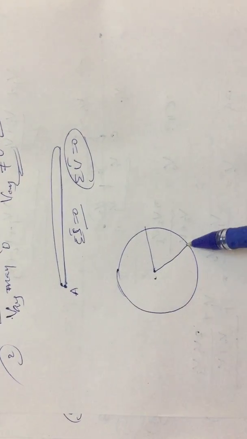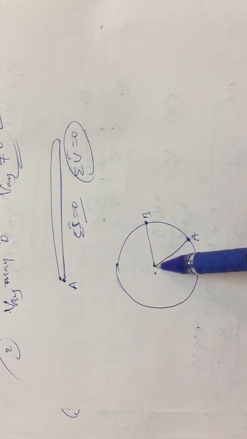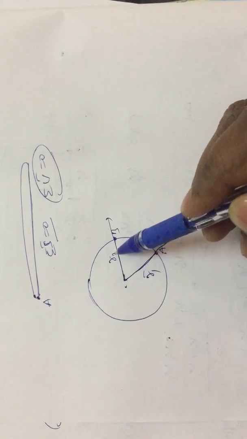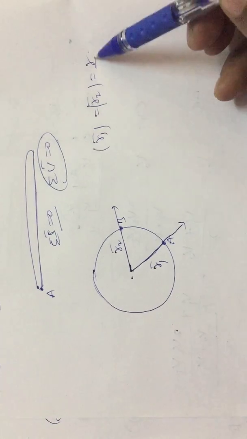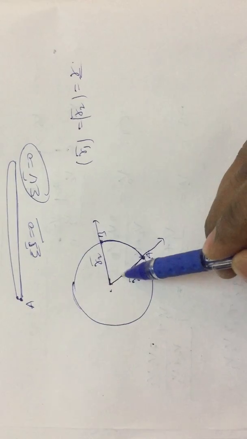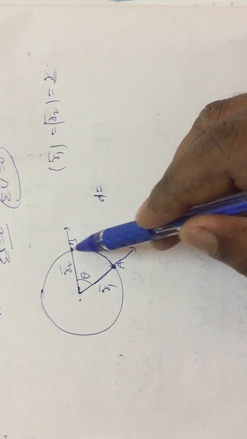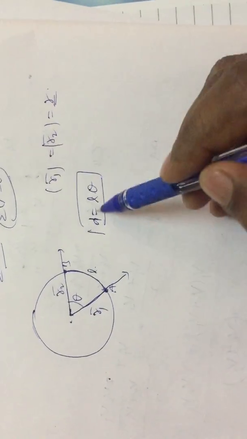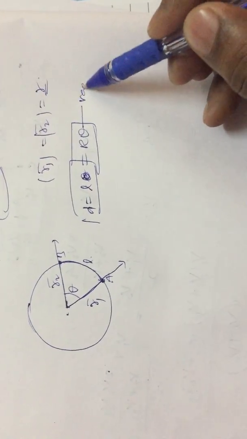A particle is moving from point A to B. At A its position vector is R1 vector, and at B its position vector is R2 vector, but the modulus of R1 equals the modulus of R2 equals the radius of the circle. Let us consider the particle moving from A to B. Then the angle subtended at the center is theta. In this case, the distance equals the length of the arc, D equals r theta, where theta must be in radians only.